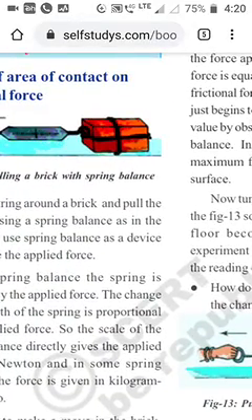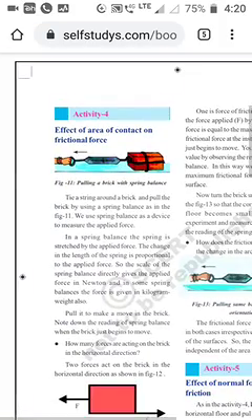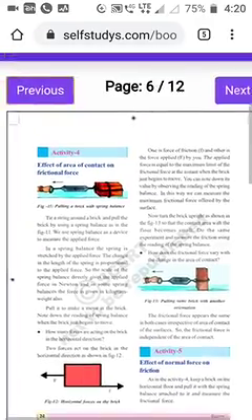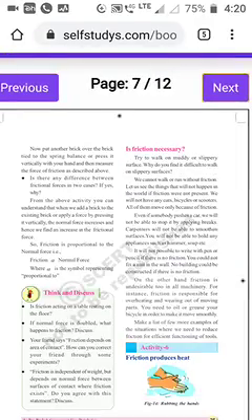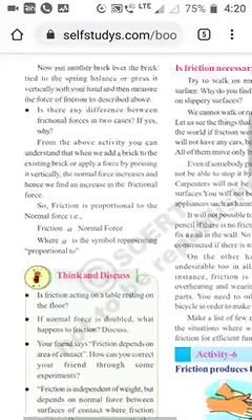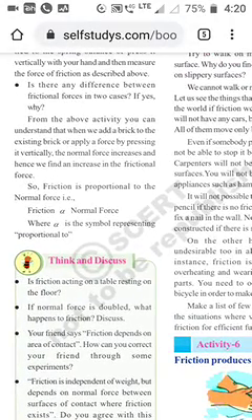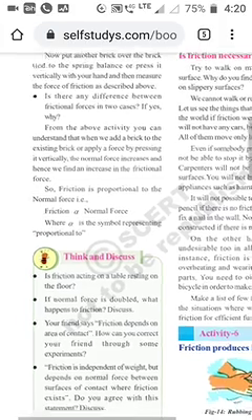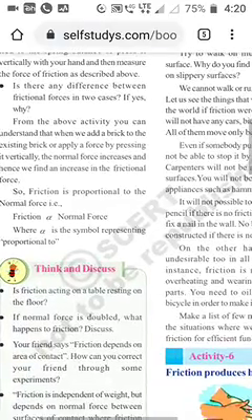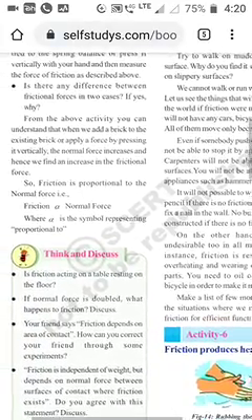What we are doing now in Activity 5 is adding another brick to this one, or adding a force on this one to oppose the pulling force. So what happened when we added the brick or the external force? The frictional force increased. Like that, our normal force also increases to pull that brick.